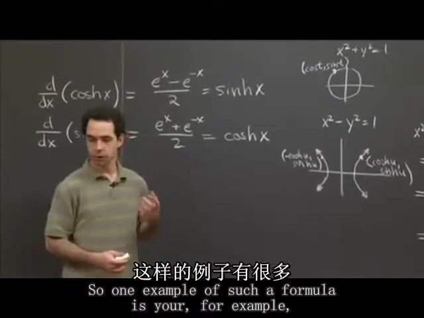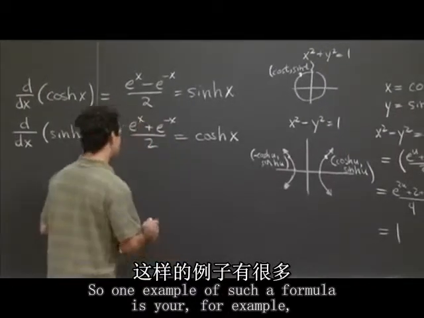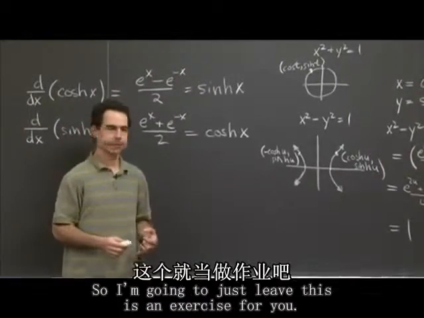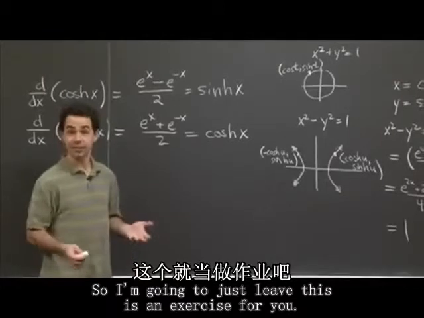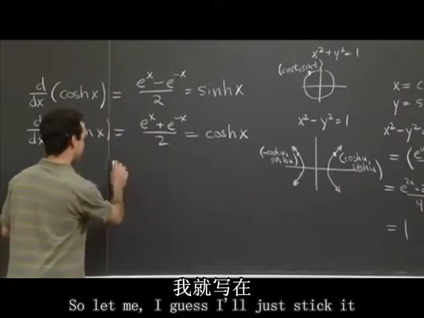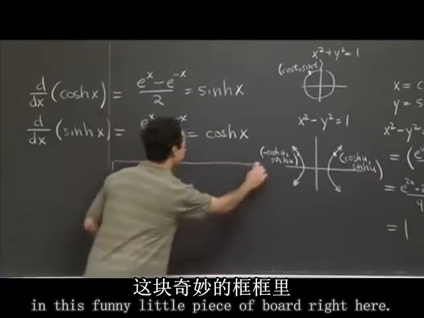One example of such a formula is your angle addition formulas. I'm going to just leave this as an exercise for you. So I'll stick it in this funny little piece of board right here.